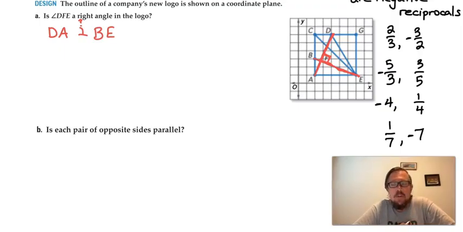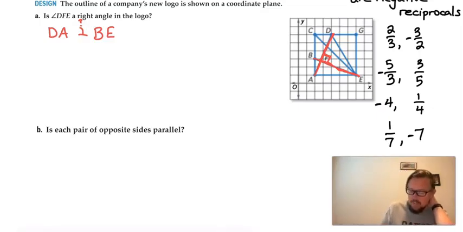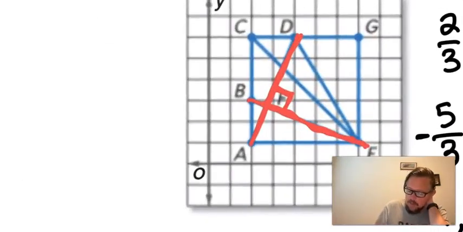So we have to find two slopes here, the slope of DA and the slope of BE. There's a couple of different ways that we can find the slopes of these lines. One is that we can use the coordinates of point A and the coordinates of point D and use the slope formula, y2 minus y1 over x2 minus x1. But an even easier way, since we're given a graph, is to just count rise over run. From A to D, what's the rise and what's the run?